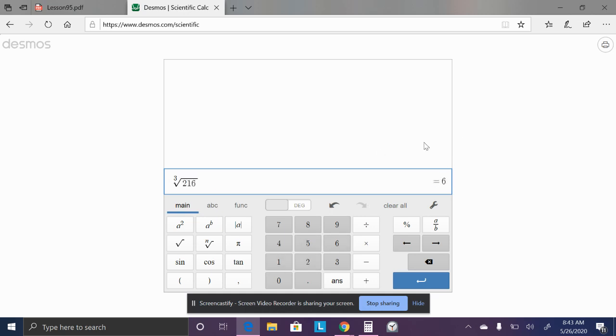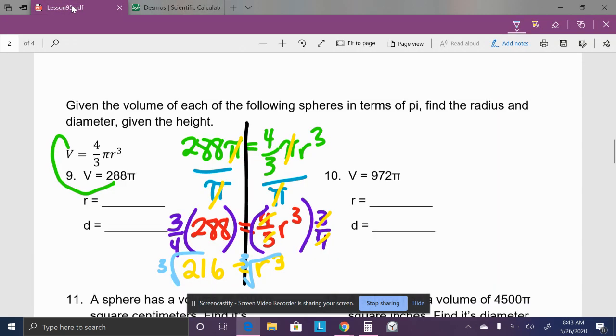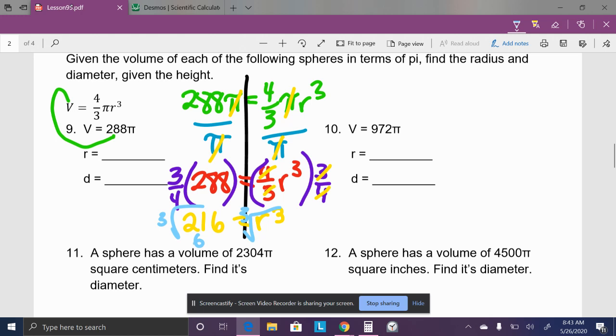The cube root of 216 is 6. So that's my r, 6, and the diameter is 12, double the radius. So that one's a little tougher to do because you're dealing with the fraction, but you multiply both sides by the reciprocal, and then you'll be fine afterwards.